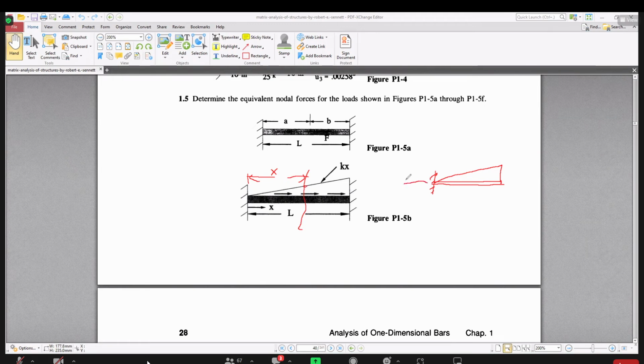So this is now our R1, right? This is the force on this imaginary line. How about this one?